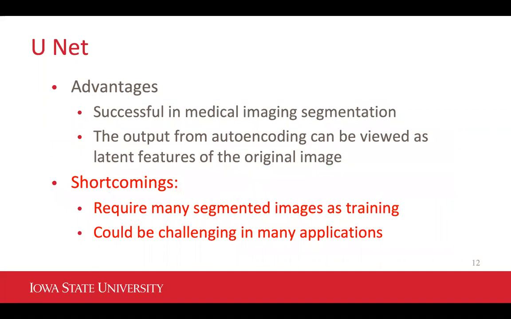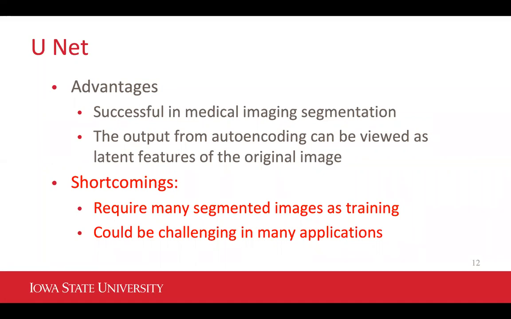Okay, so the advantage of the UNet is that it's successful. It has many successful applications, especially in medical image segmentation, where people use this method to automatically segment the tumor in the medical image. Another advantage is that the output from the auto-encoding can be viewed as the latent feature for the original image.